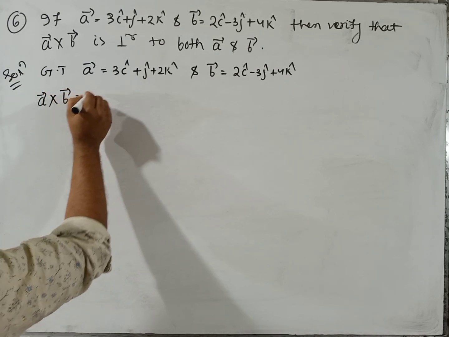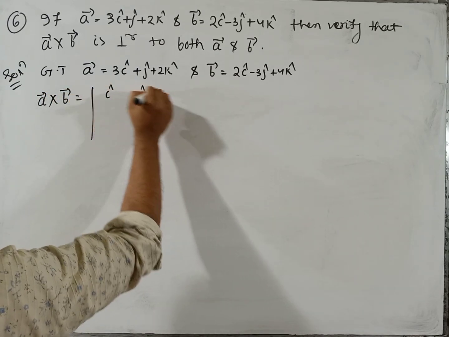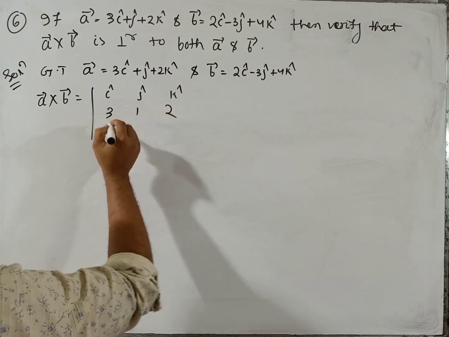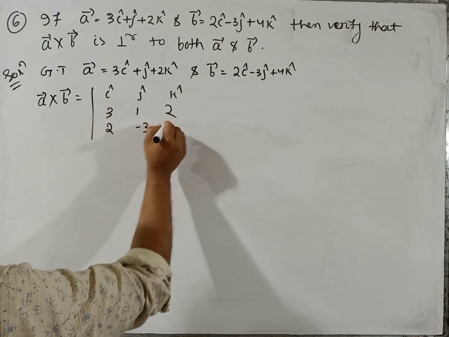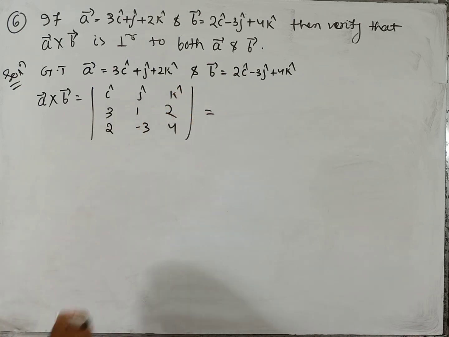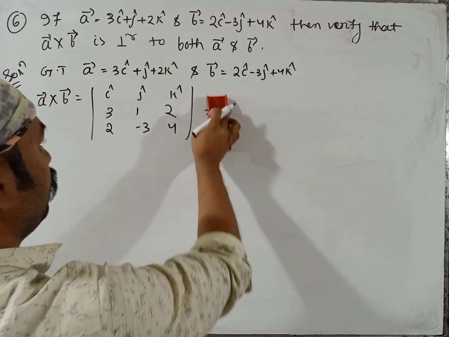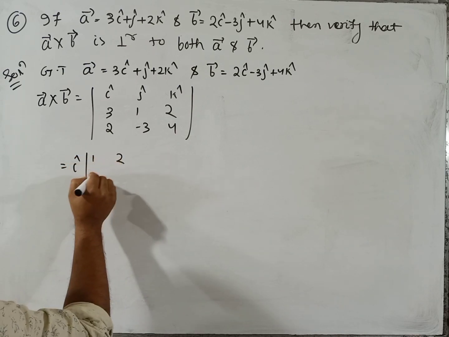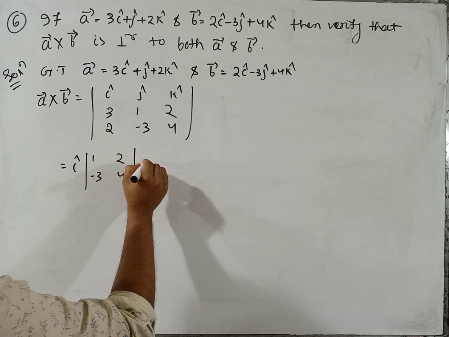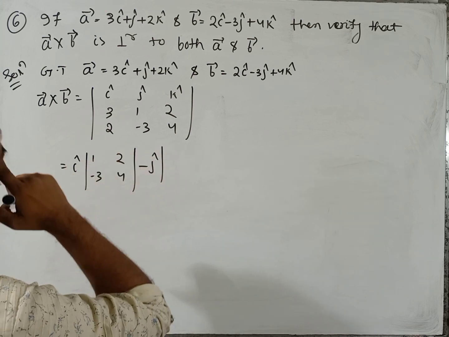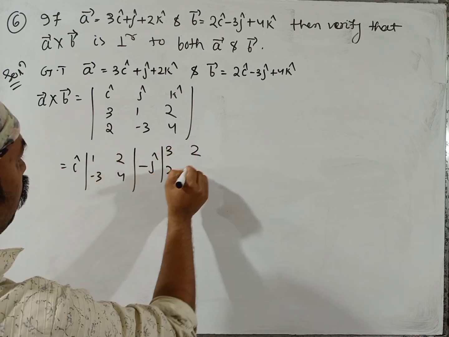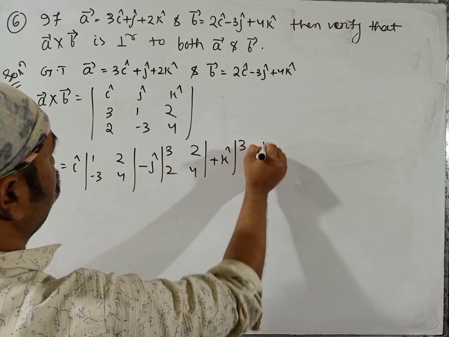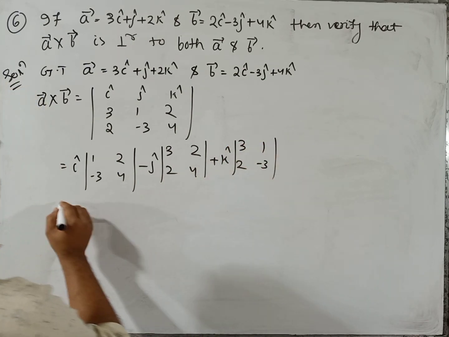A vector cross B vector is the determinant with rows i cap, j cap, k cap; 3, 1, 2; 2, minus 3, 4. You have to solve this: i cap multiplied with (1, 2; minus 3, 4), minus j cap multiplied with (3, 2; 2, 4), plus k cap multiplied with (3, 1; 2, minus 3).